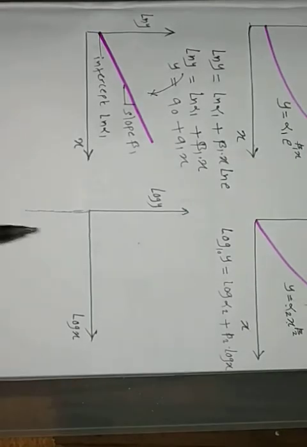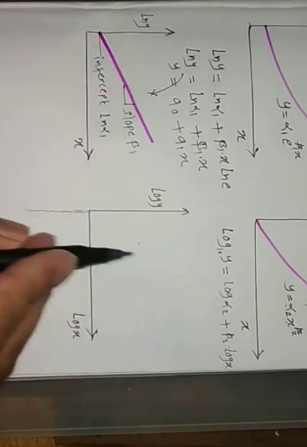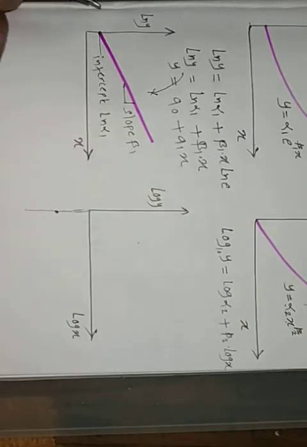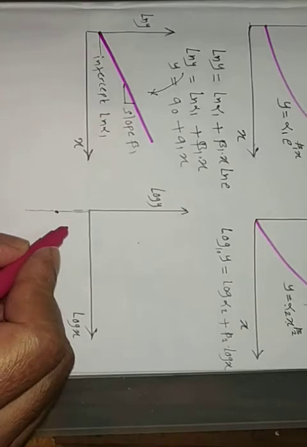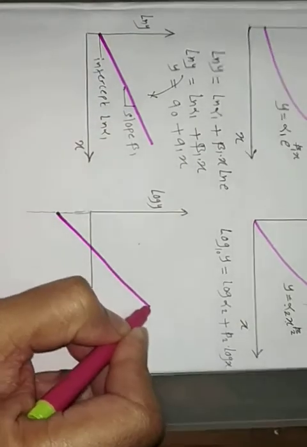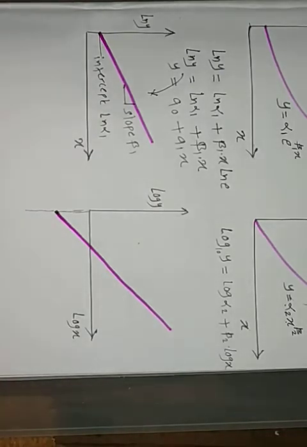Okay, and if the value of alpha 2 is between 0 and 1, so log of alpha 2 will become negative, so we will get intercept somewhere here, and this straight line will be like this. Okay, so here what is this?